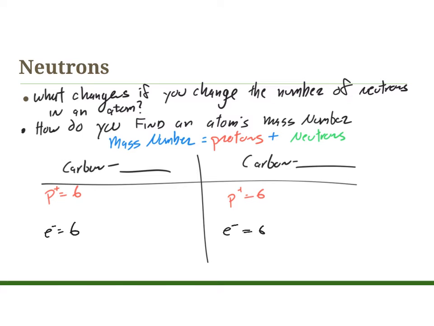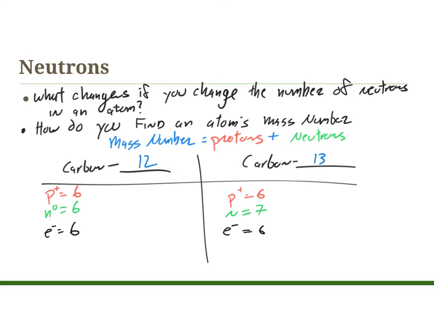But if I said that the neutrons were equal to 6 here, and the neutrons were equal to 7 here, then looking at the mass number, 6 plus 6 would be carbon 12, and in the case of the second one, it would be carbon 13.